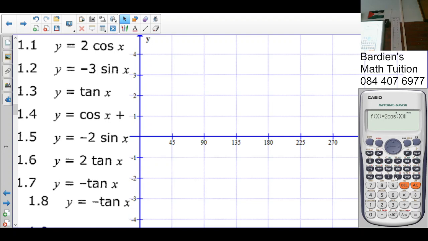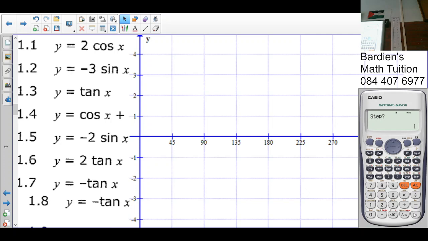Then you press equal to. Some of you will get a g of x, which means to say you can enter a second function. I'm not interested in that. It's equal again. Where are we going to start? Where do you think we're going to start at? 0, yes. Till? We're going to end at 360.